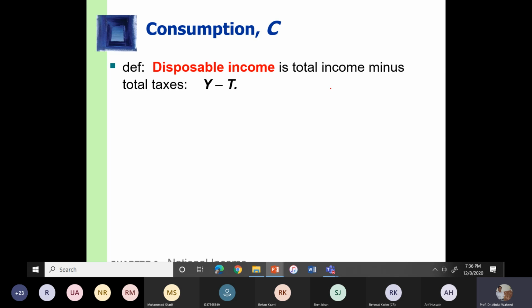So if I say this is YD, so this is YD, which is income minus taxes. This disposable income is available for consumption and saving.